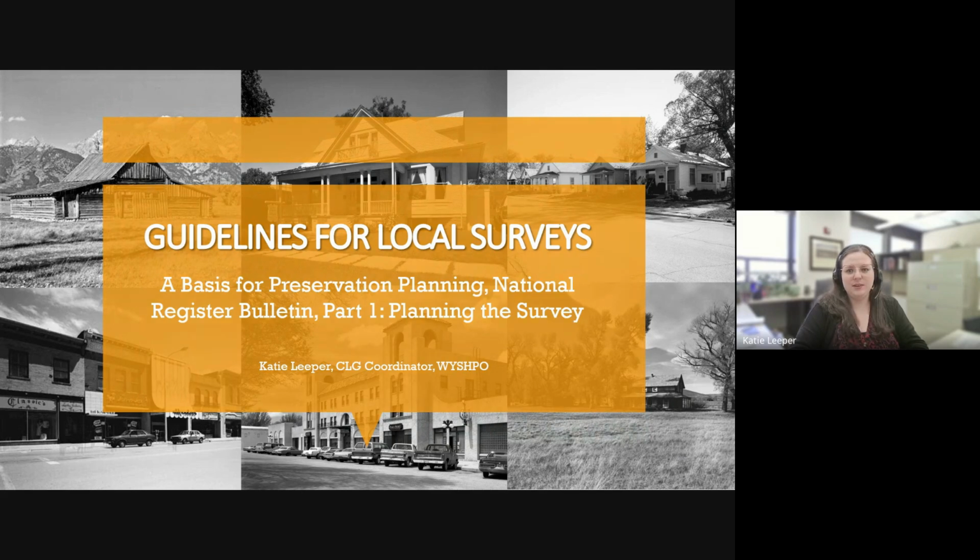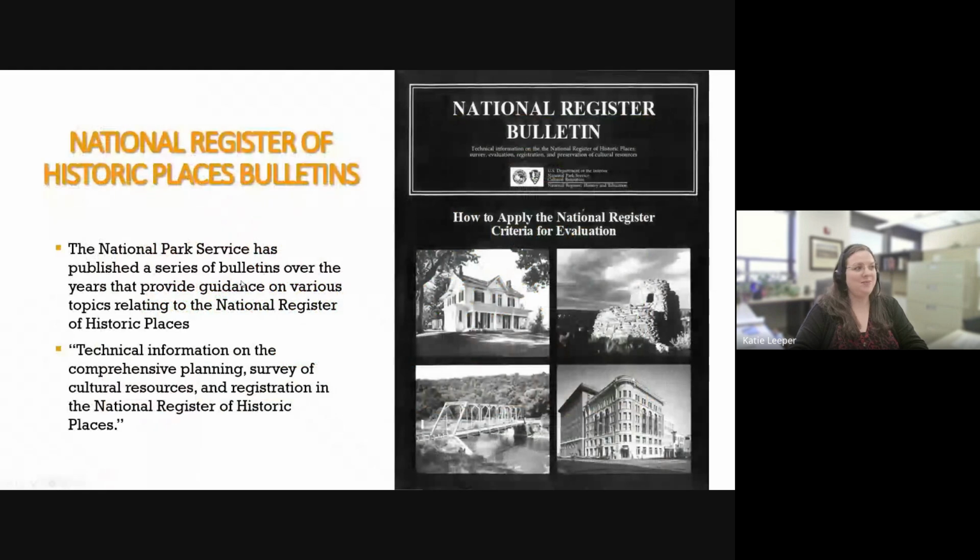Okay. So what we're talking about today is a National Register of Historic Places bulletin. And these are a series of publications that the Park Service has put out over the years. They are about topics that relate to the National Register of Historic Places.